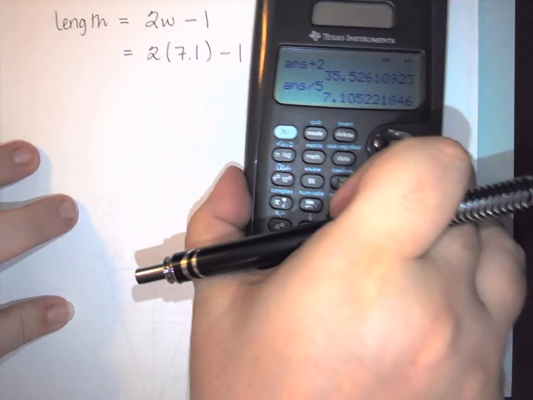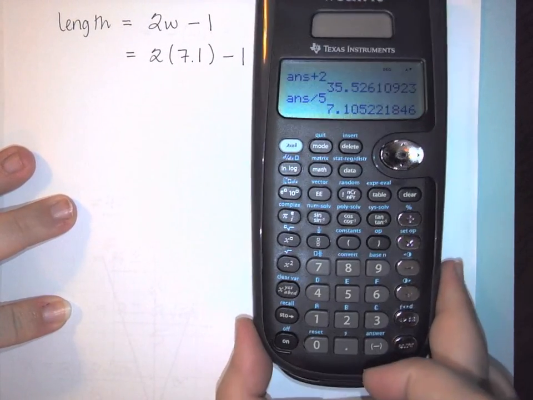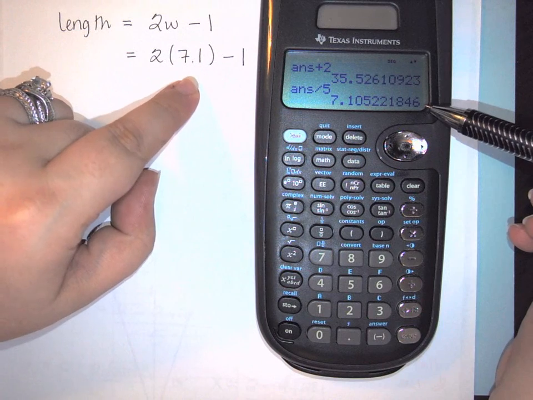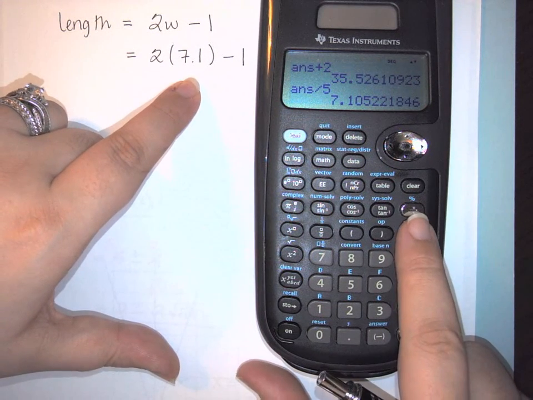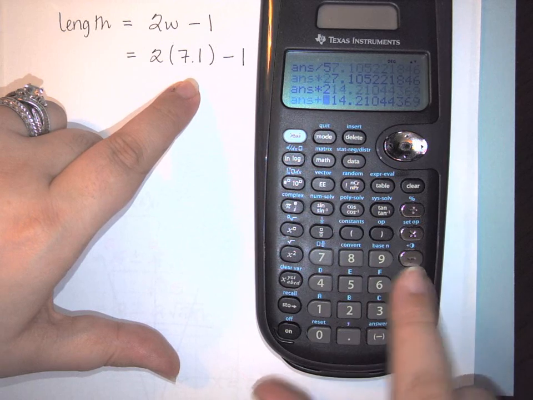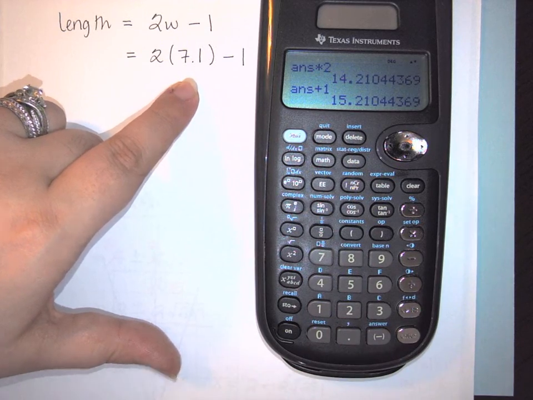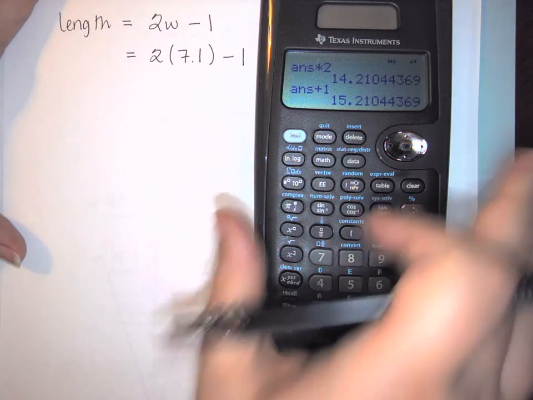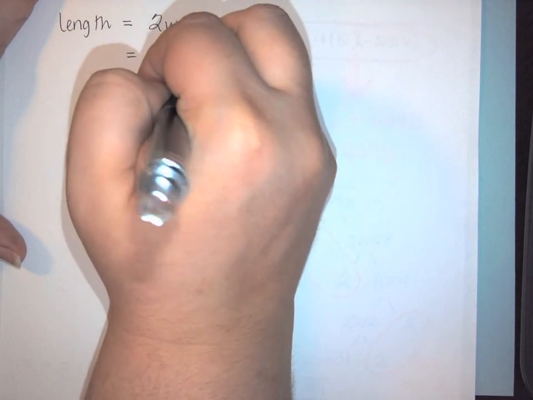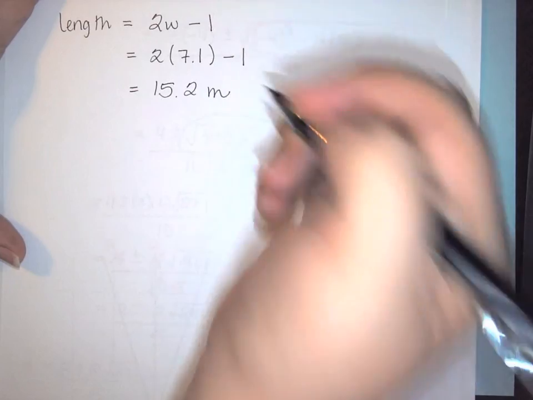So again, leaving this value in your calculator, you could find your length. You are going to take that value and multiply by 2 and hit enter, and then add 1 to it and hit enter. So we're going to find that length to be 15.2. So this right here is going to be 15.2 meters.